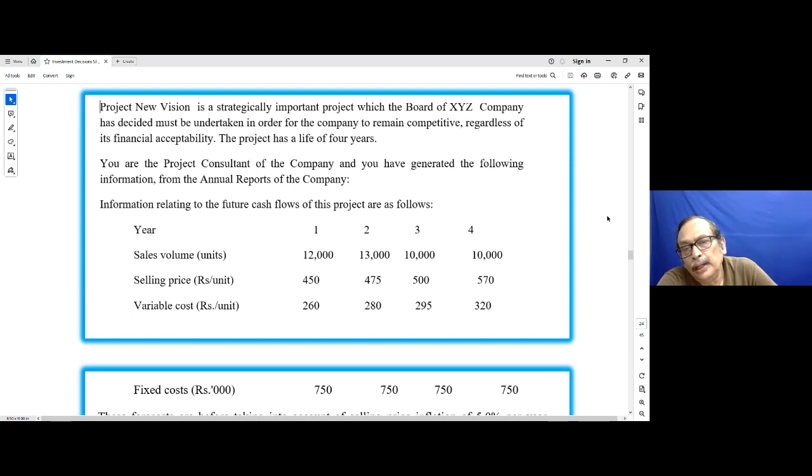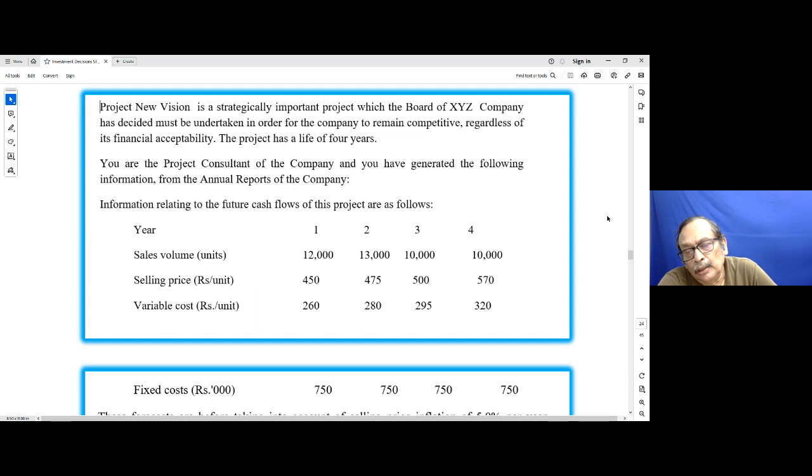So it is not based on the mutually exclusive concept. It is strategically important, and the company has decided it must be undertaken in order for the company to remain competitive, regardless of its financial acceptability.